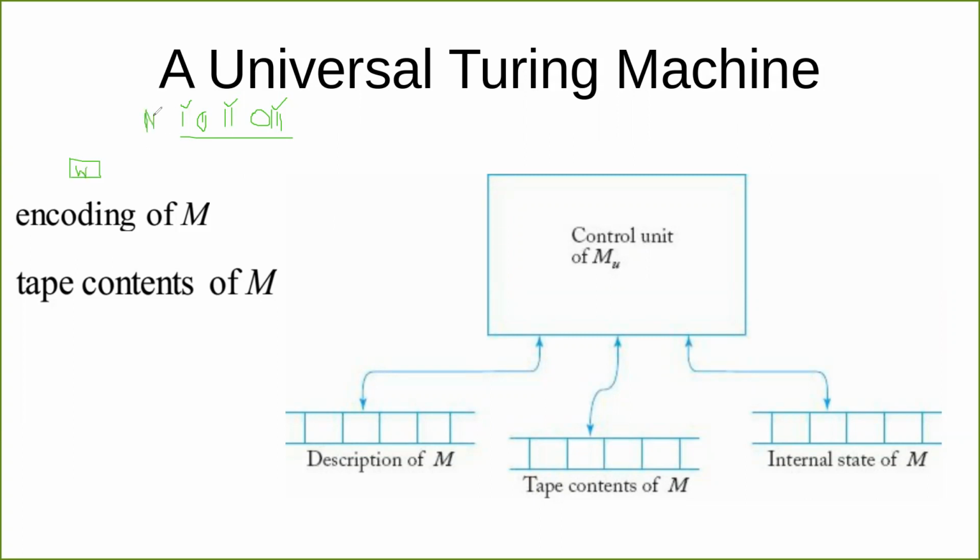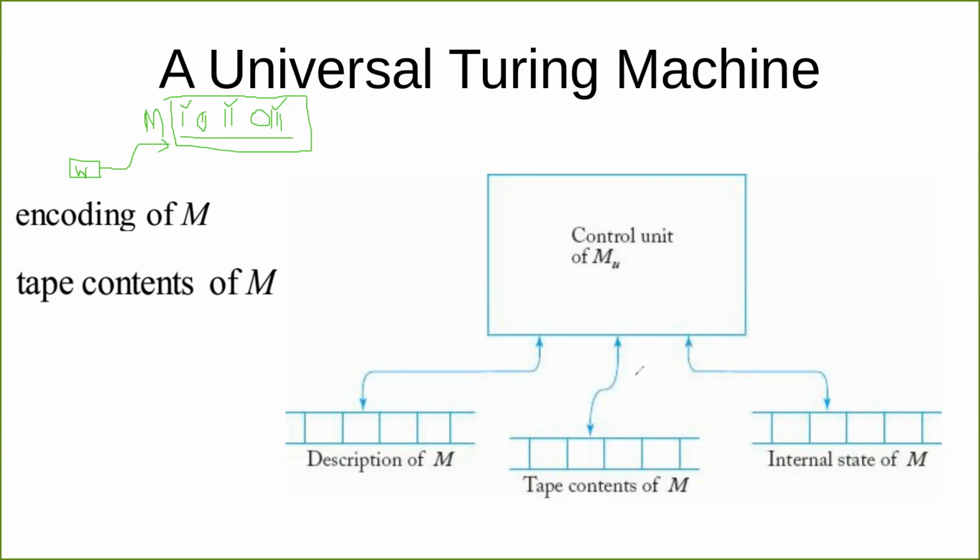Suppose a machine is denoted by M, and we simply encode that machine in this fashion. Our question is whether this word W would be accepted on this machine M or not. For that, we would create a new machine, a universal machine.